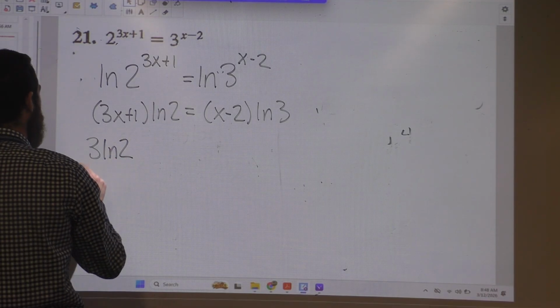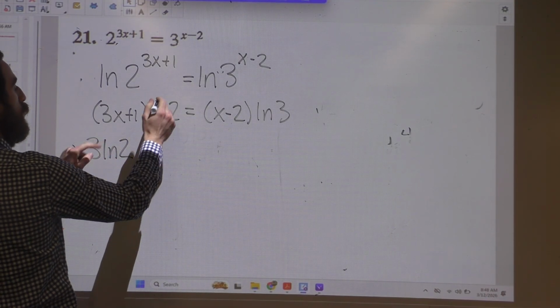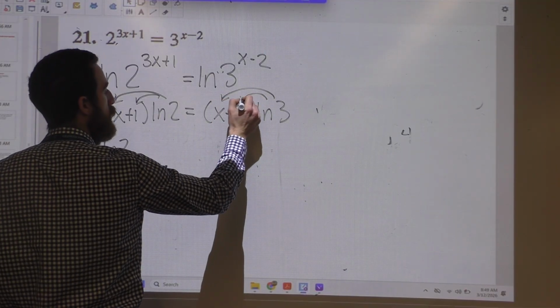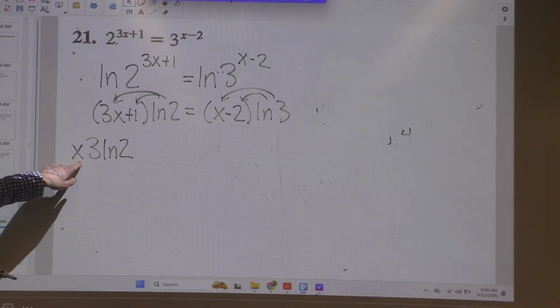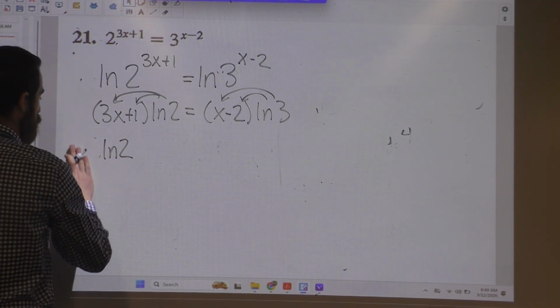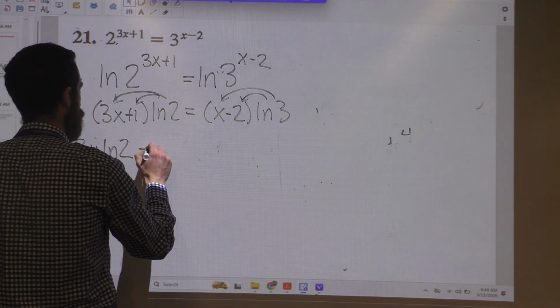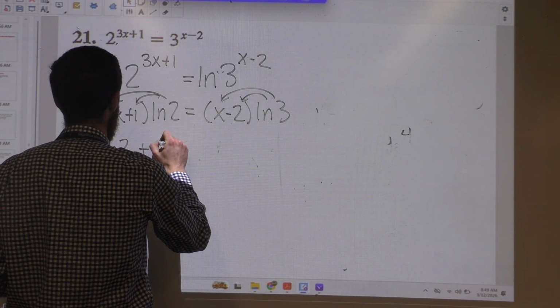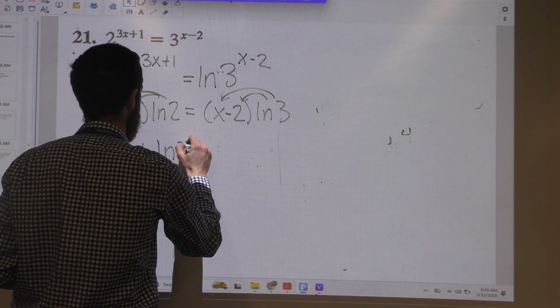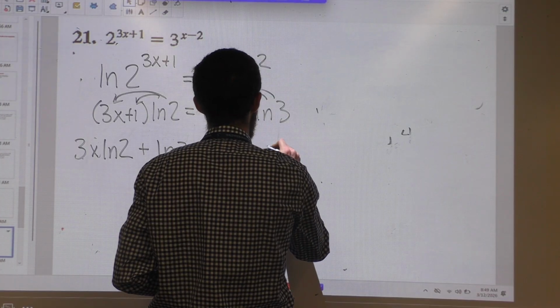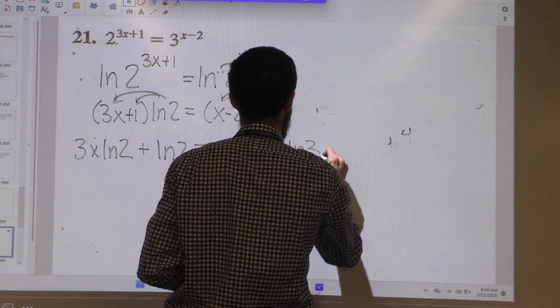I'm going to put the x in front, distributing here and here. I'll write this as 3x ln of 2, that's just the normal order for writing ln, and then plus ln of 2 equals x ln of 3 minus 2 ln of 3.